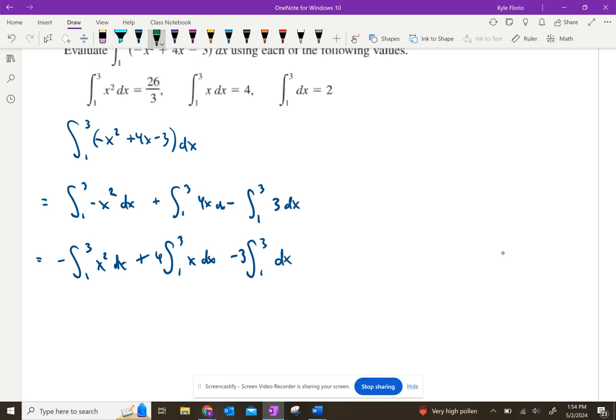And now I know that this value is just 26 thirds. This is going to give me negative 26 thirds.